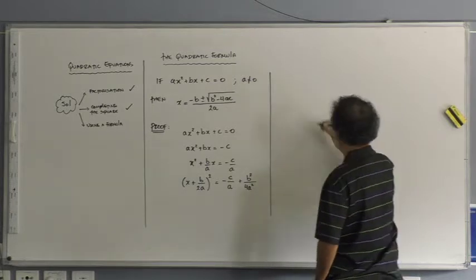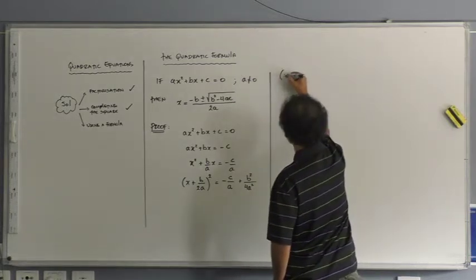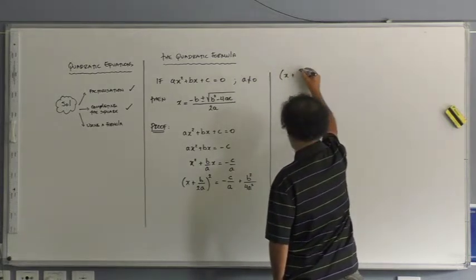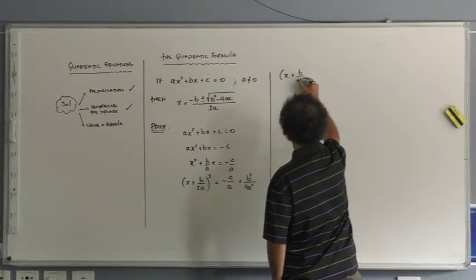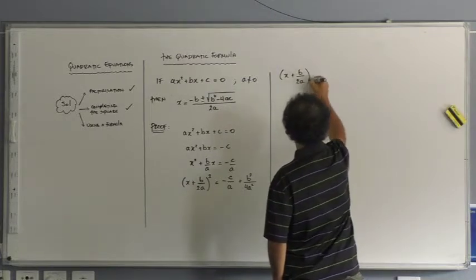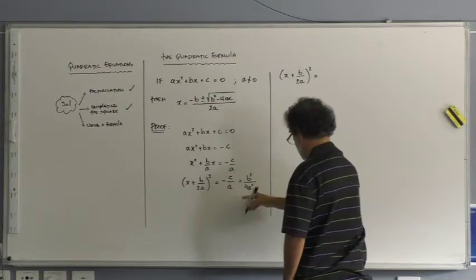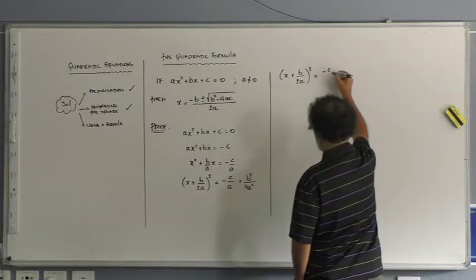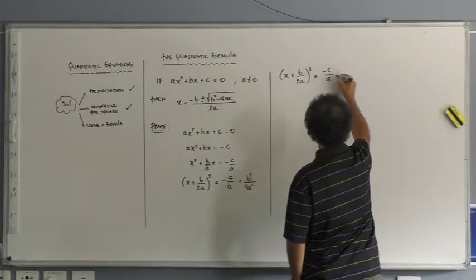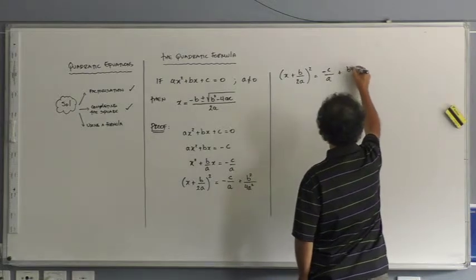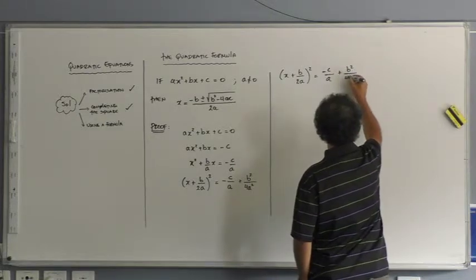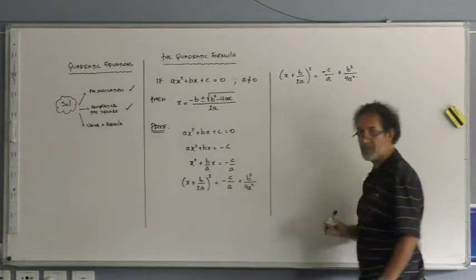So far we have this: x plus b on 2a, squared, is equal to minus c over a, and then plus b squared over 4a squared.